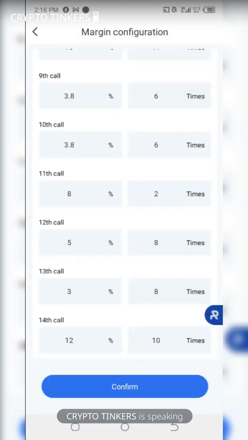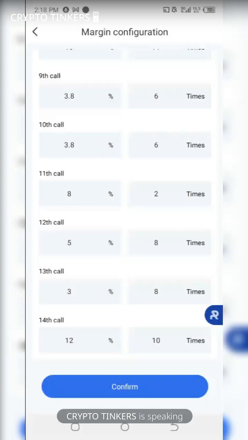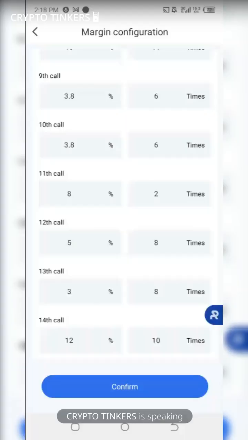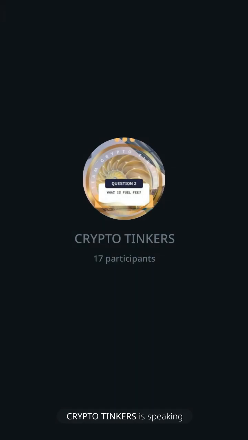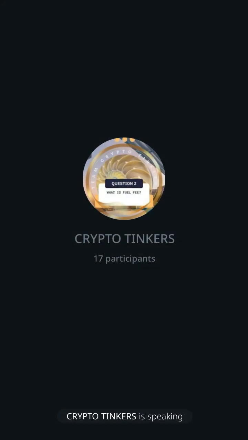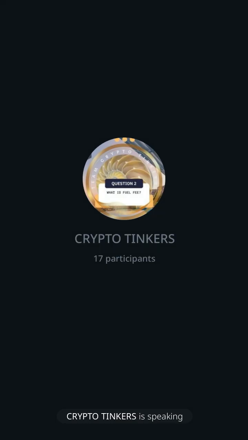So this is the mistake I see a lot of people did during the pumping time, and then all their margin calls were bought within 3 days, and then now they don't even have USDT, because I always let them open their margin configuration, and some of them, they think they are smart. When I tell them I want to see your margin configuration, they quickly go and edit it to the original settings so that I will not see that they did this mistake.